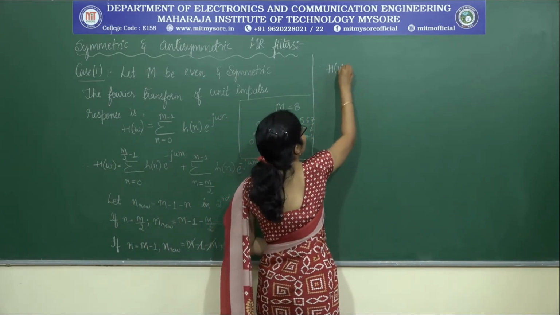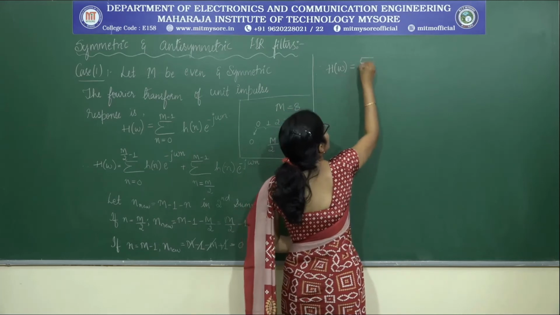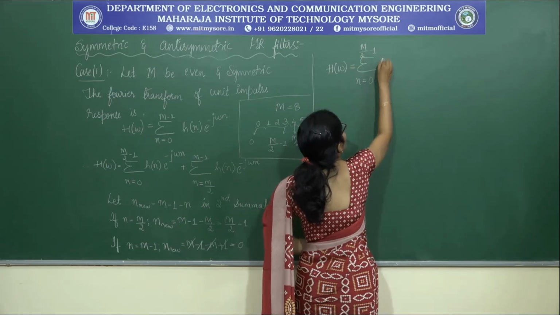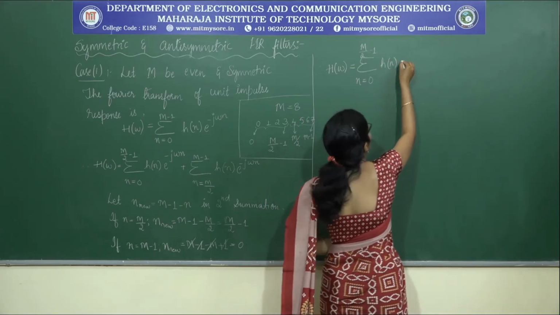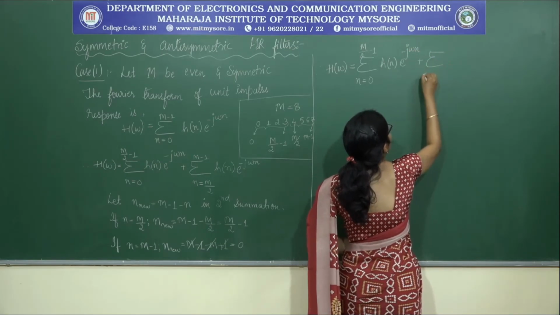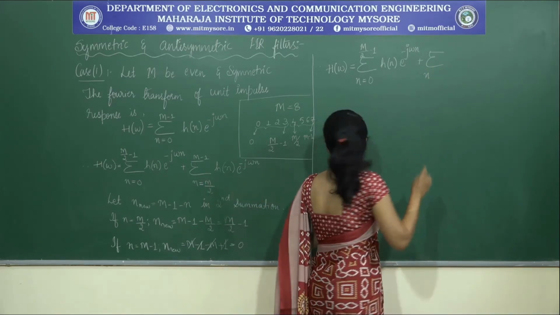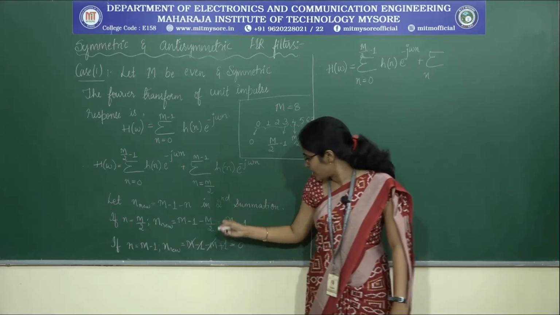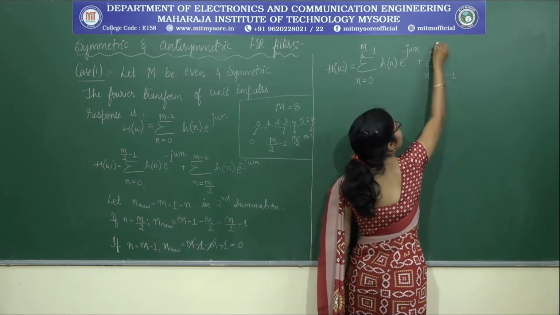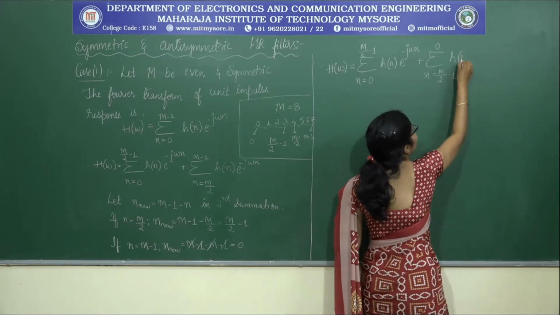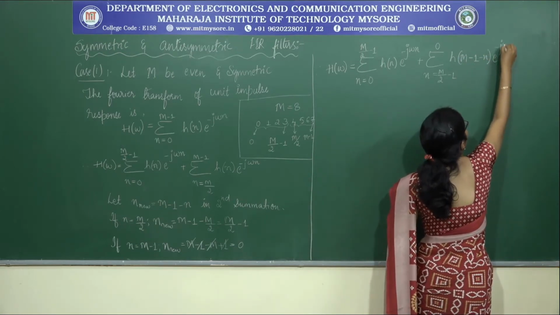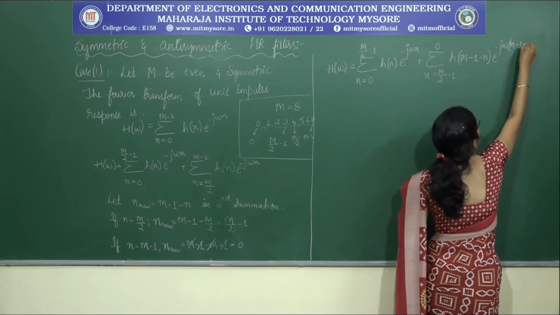Therefore, H of omega will be equal to summation n ranges from 0 to m by 2 minus 1 h of n into e power minus j omega n plus summation, with the new value when n is equal to m by 2 being m by 2 minus 1, and the upper limit 0, of h of m minus 1 minus n into e power minus j omega into m minus 1 minus n.